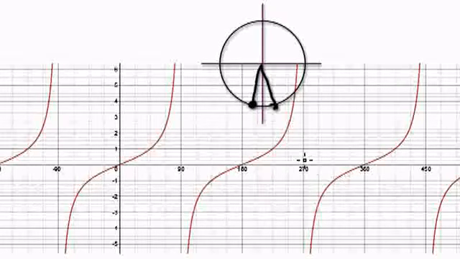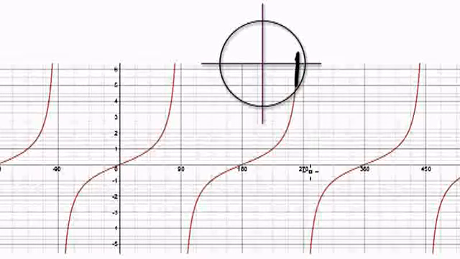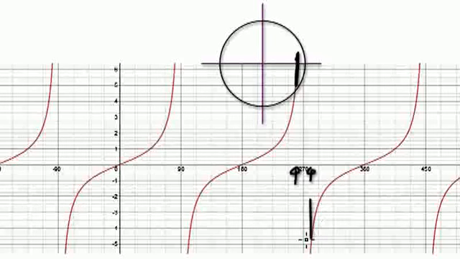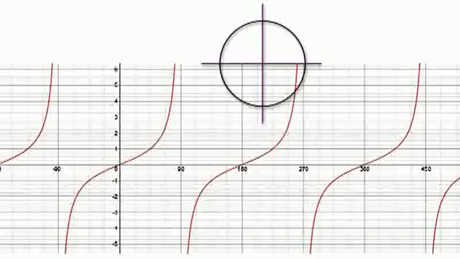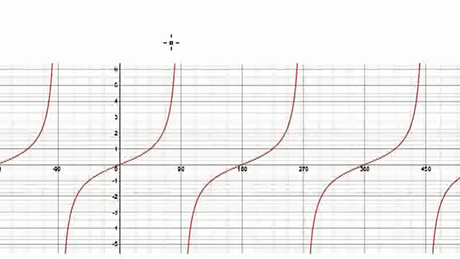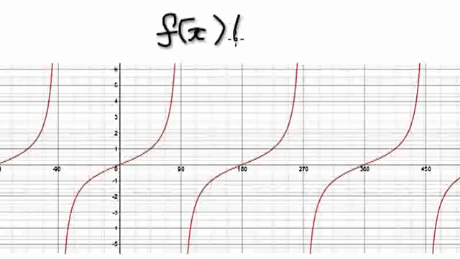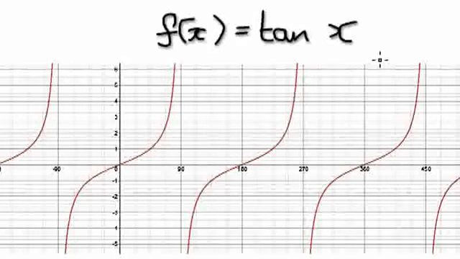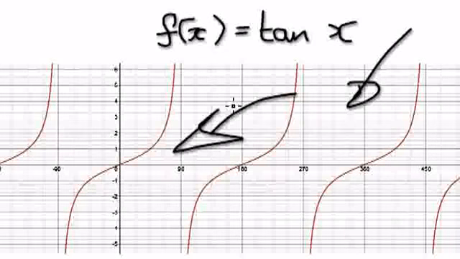And you can use the same argument, and it will give you positively big just to the left, and just to the right of 270, it will give you negatively big. So your graph, or your function if you like, f of x equals tan of x, will look like this graph here.